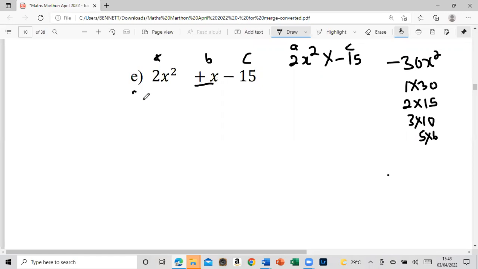So what we do, replace positive x with 5 and 6. So how do we do it? Do we add or subtract or what? Sorry, subtract, so positive 6 and negative 5. And that's it.